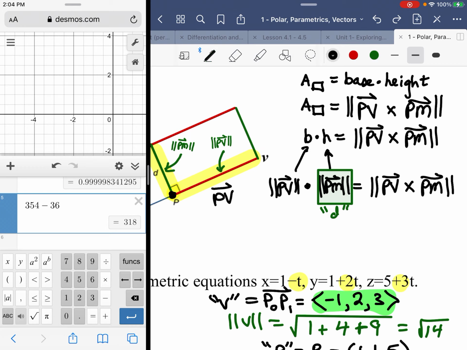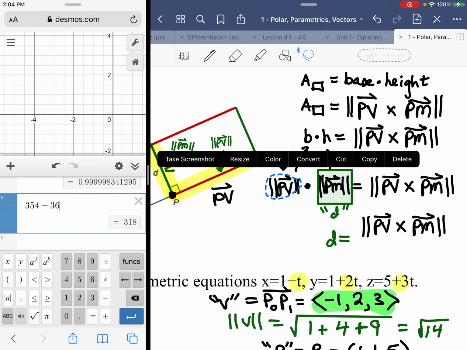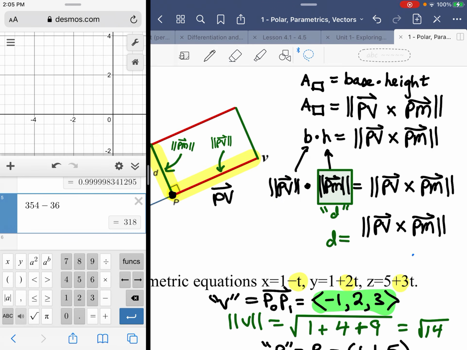If I divide out the PV, then I get D equals this guy divided by this one. And just to be consistent with the formula, if I let this one be, and I'll box it, V, magnitude of V.